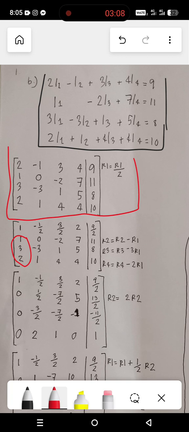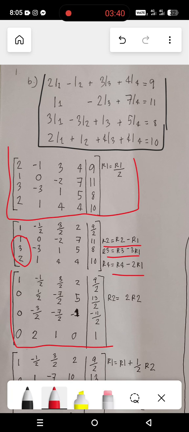In order to do that, all values in R2 or row 2 must be subtracted by R1, R3 minus 3 multiplied by R1, and R4 minus 2 multiplied by R1. This is our guide in turning these into 0, which is why we have this matrix.